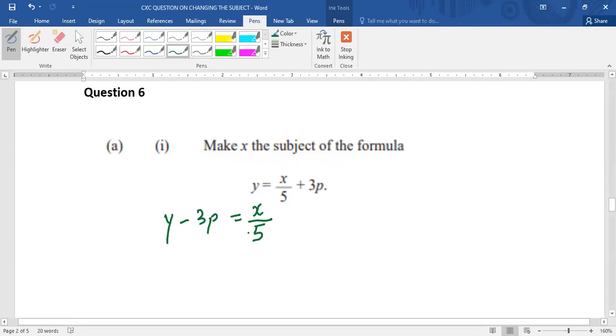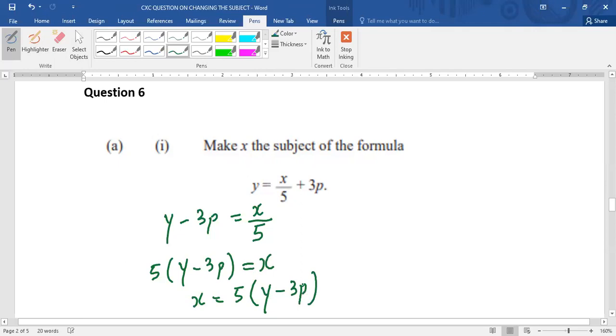You move the 5 and make it multiply, because the 5 is dividing, so we go instead of multiply. So 5, open bracket, Y minus 3P, is equal to X. To the left, X is equal to 5 brackets Y minus 3P. Not the same, because remember that I moved it to this side already.